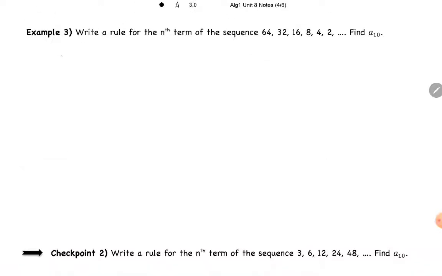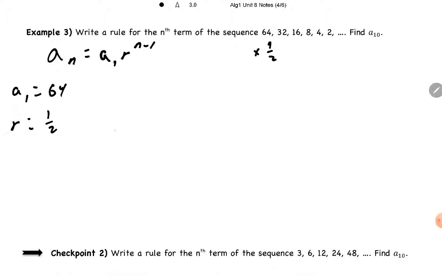Okay, let's write a rule. Our rule for geometric sequences is a sub n equals a1 times r to the n minus 1. So we need the first term, which is 64, and then we need the common ratio. Since we already know that this is 1/2, we're multiplying by 1/2 each time.